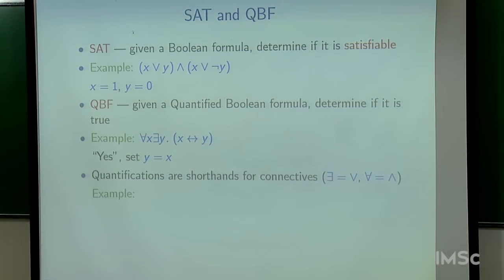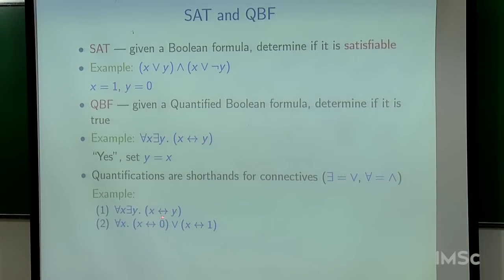What this quantified Boolean formula means: these quantifications can be seen as shorthands for connectives. We take the inner matrix, and for the existential quantifier we substitute 0 and 1 for y and take a disjunction of that.